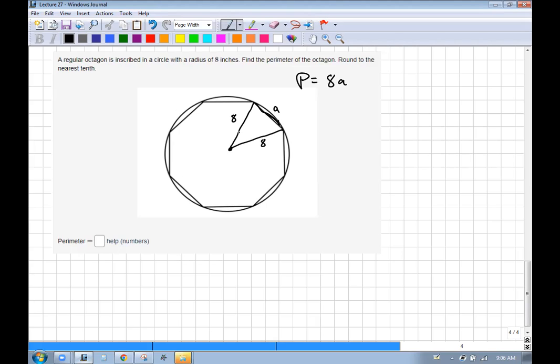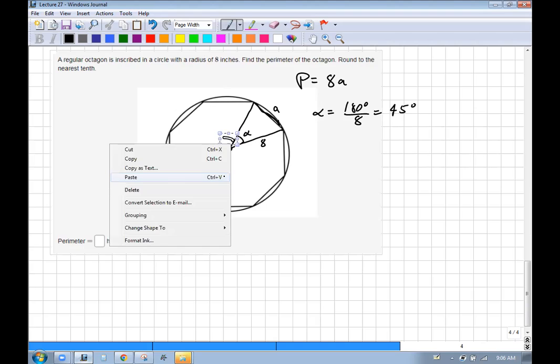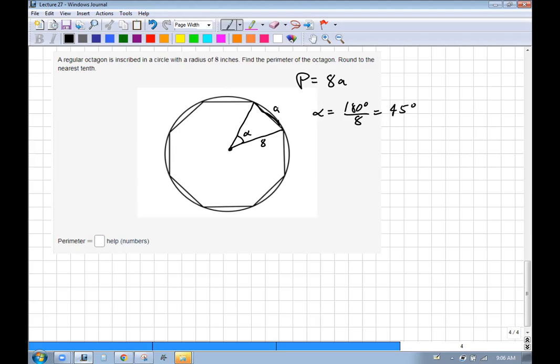We'll call this angle alpha. All the way around is 360 degrees, and every one of these is the same. Alpha, alpha, alpha. So alpha is 360 divided by 8, which is 45. So all I need to do is find A. I know what alpha is.